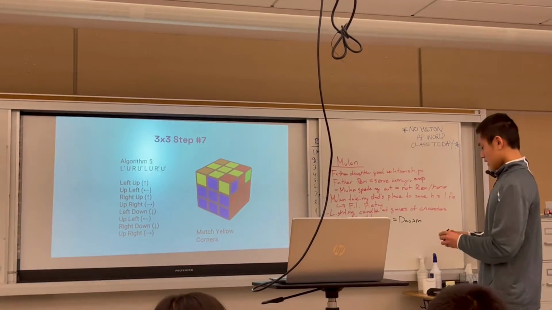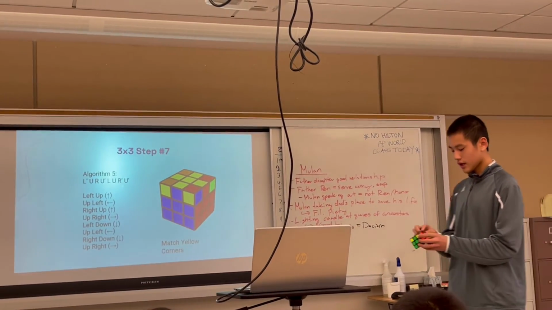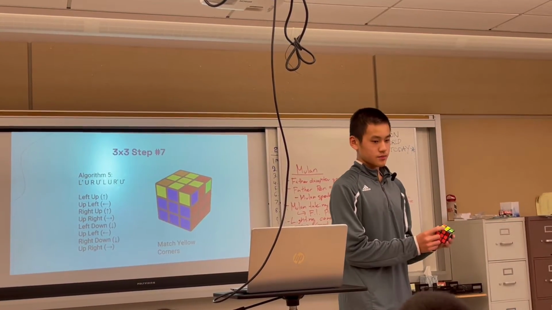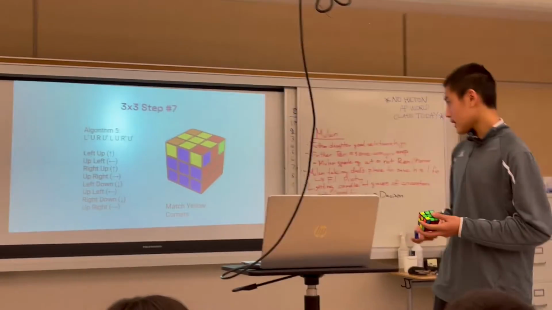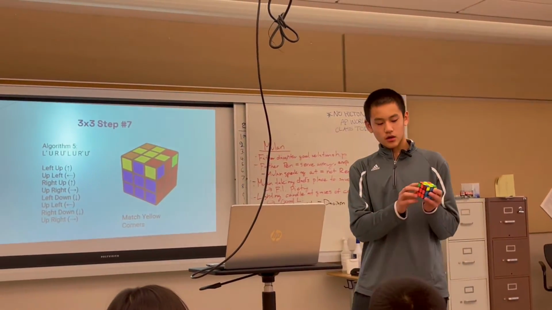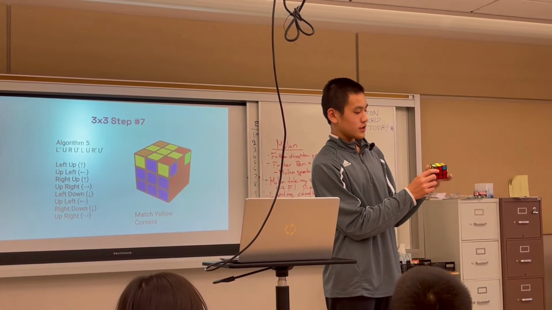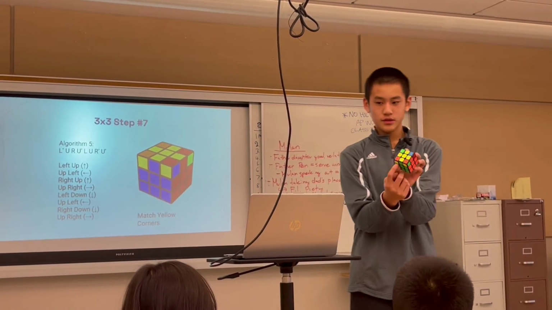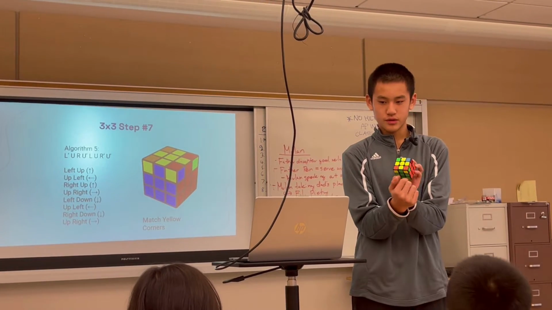First, you want to look at all these corner pieces and see if there are any that are in the correct place. You can either have only one in the correct spot or four in the correct spot. So right here, this one is in the correct spot because it just looks twisted.